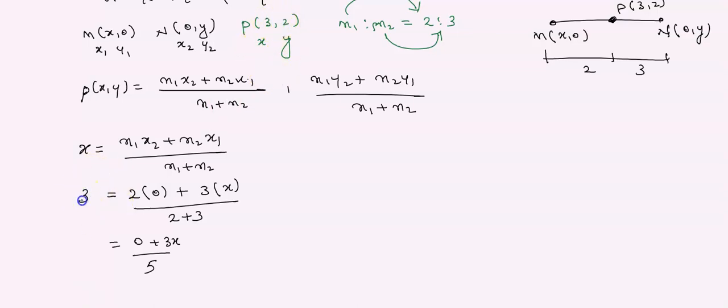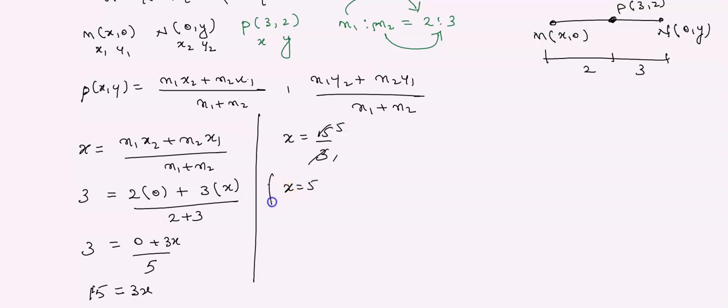Now cross multiply: 3 fives are 15 equals 3x. So x equals 15 by 3. 3 fives are 15, so the value of x is 5.